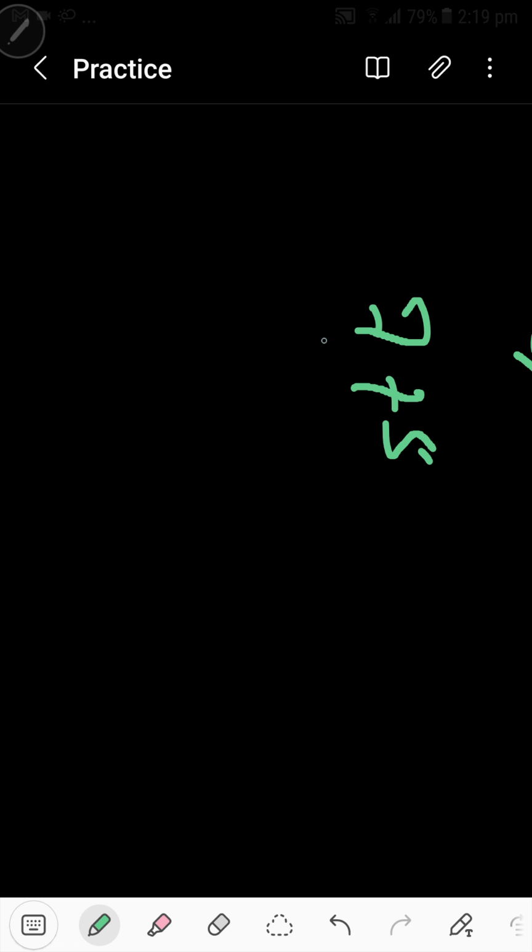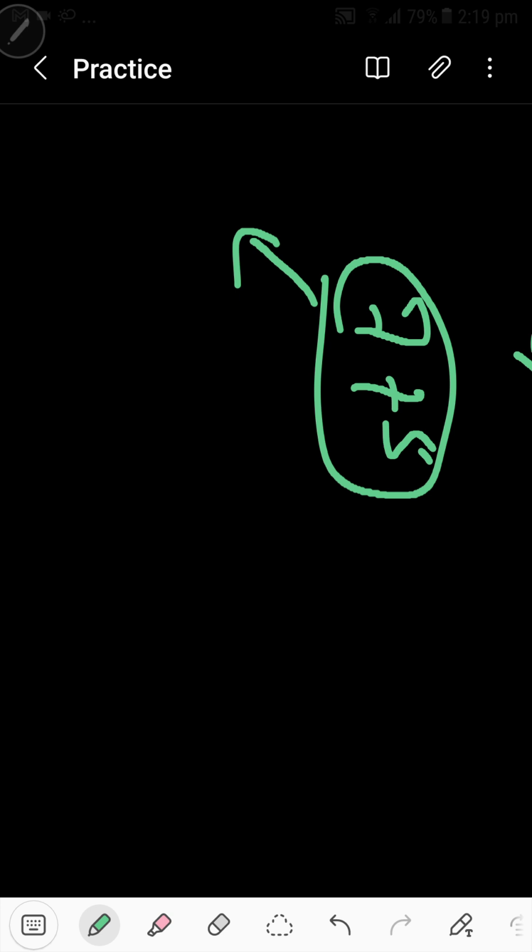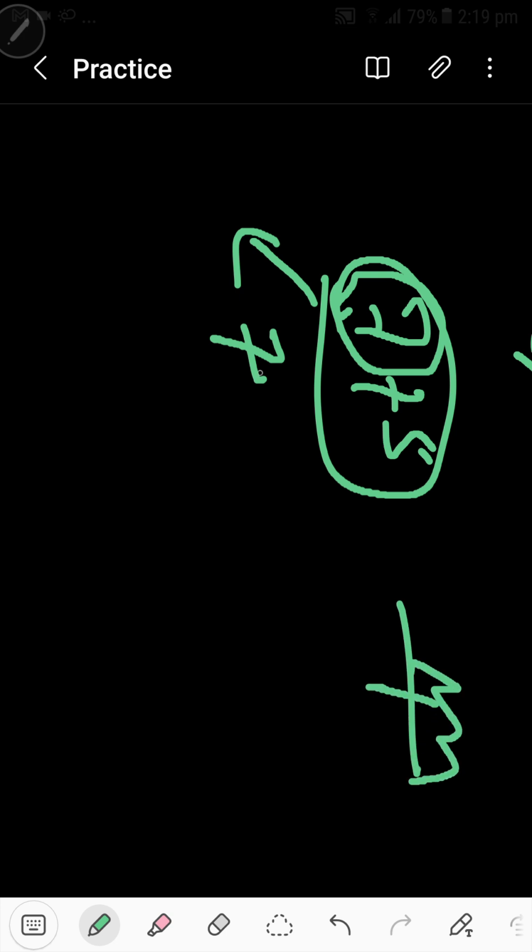Rather than putting them in a basket and counting one by one, we can just start from the first number, which is 7. Let's start from 7. We move 5 positions, just like in the placeholder. So we move 1 position, 2 position, 3 position, 4 position, 5 position.